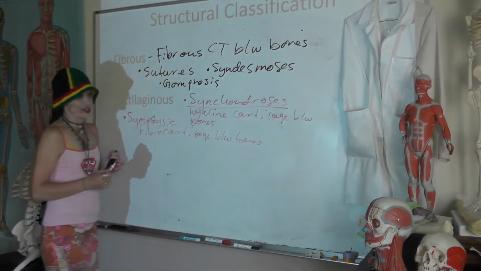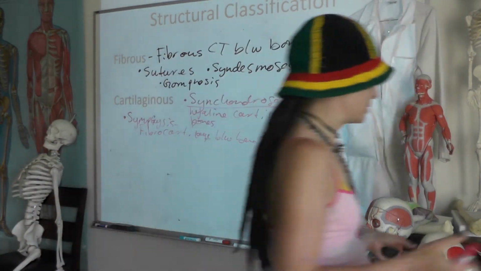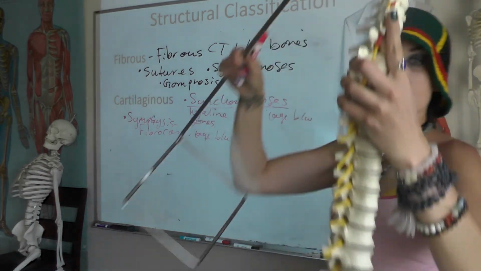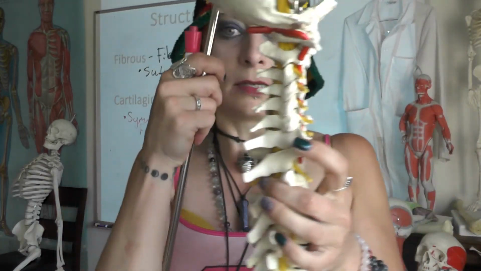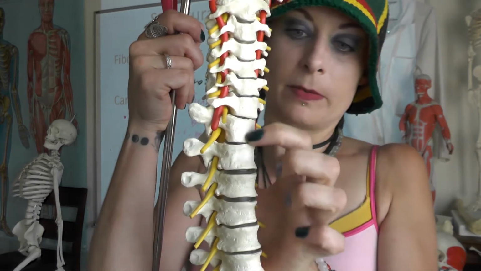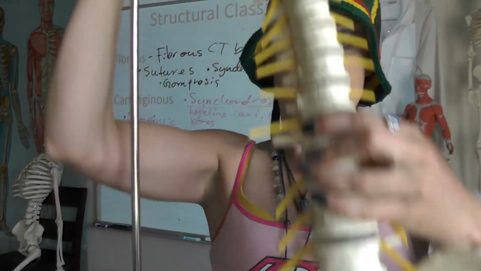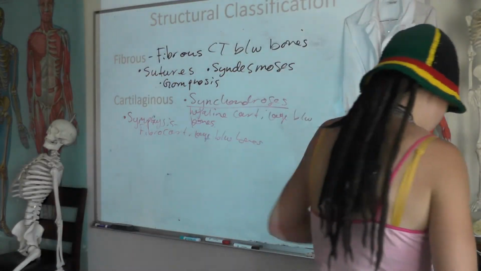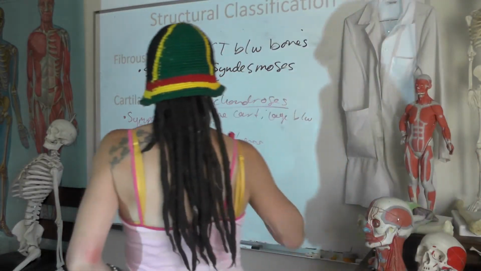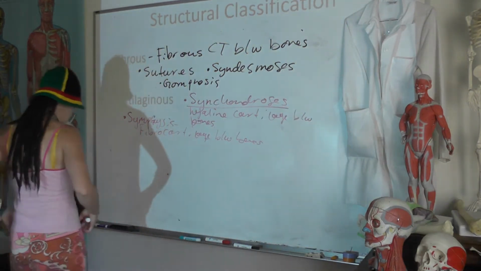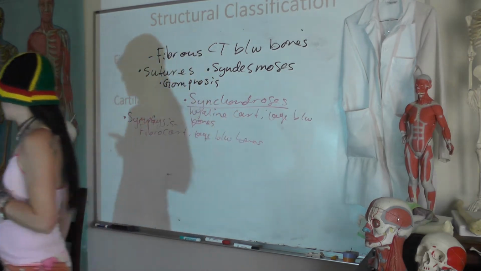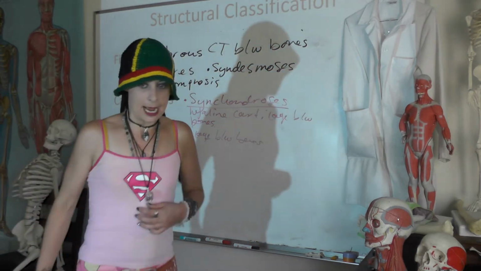All of our intervertebral discs are symphyses, and the pubic symphysis down there between your pubic bones is also a symphysis. And you might say, well, what about the meniscus of the knee? Is that a symphysis? The answer is no. The knee is the most complex synovial joint in your body, and that's what we'll talk about next.